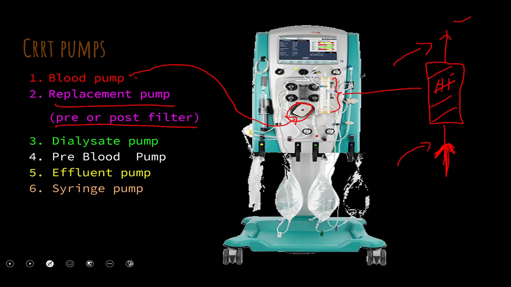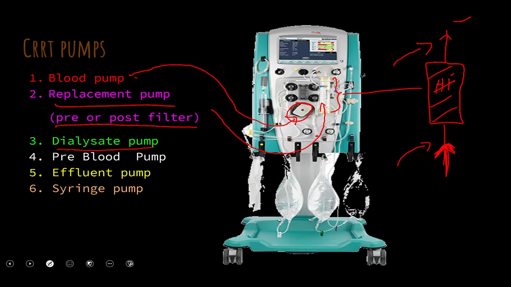So we have to have a good balance of pre and post replacement fluids, and both of them are going to be necessary. Your replacement pump is at the bottom right corner of your CRRT device.